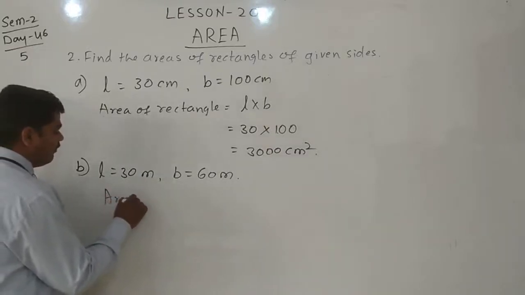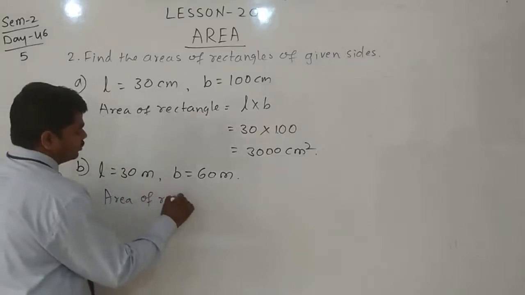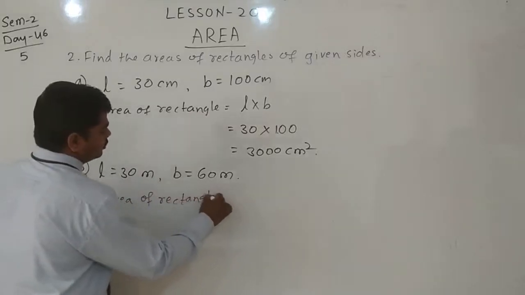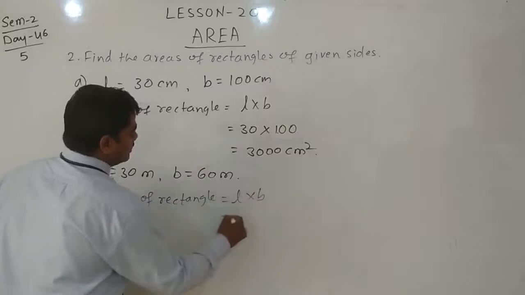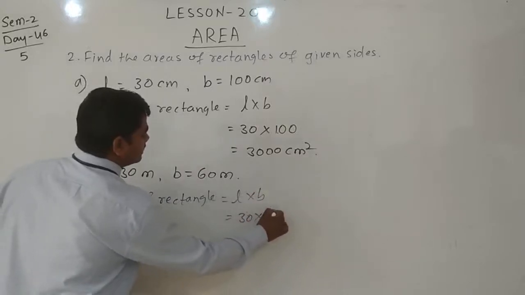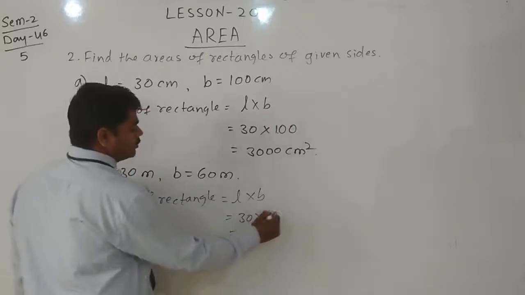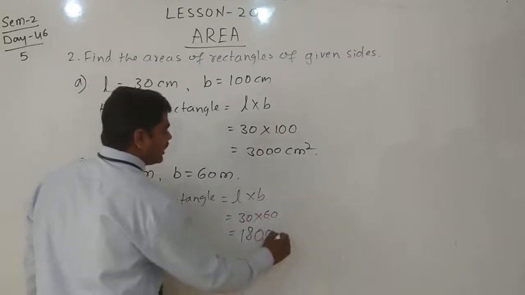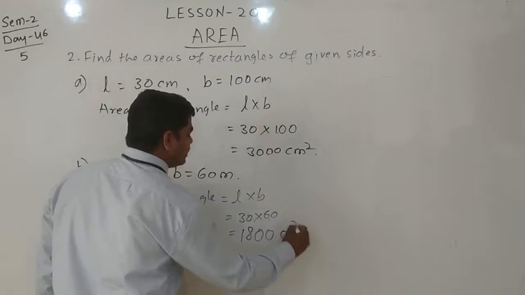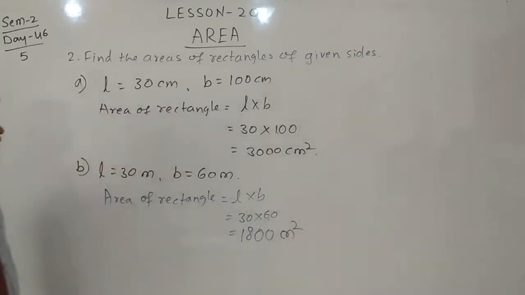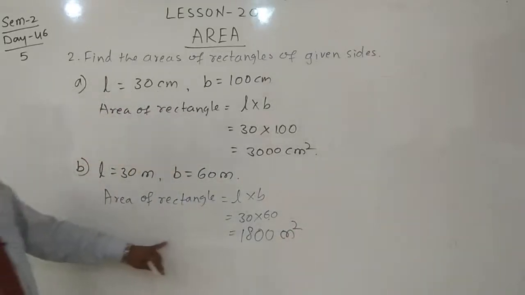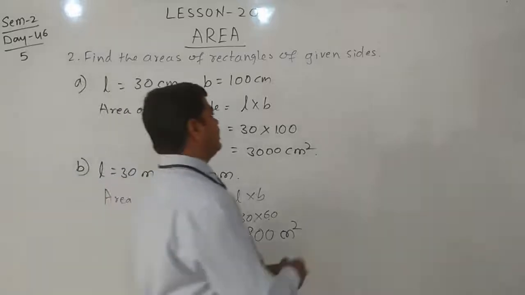Area of rectangle is equal to length into breadth. Length is 30 meter, breadth is 60 meter. Then 3 sixes are 18, 2 zeros. Now it is meter square. That is 1800 meter square.